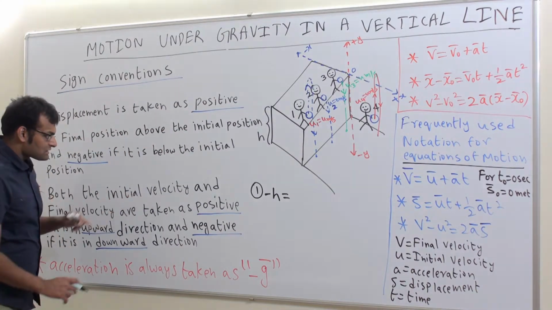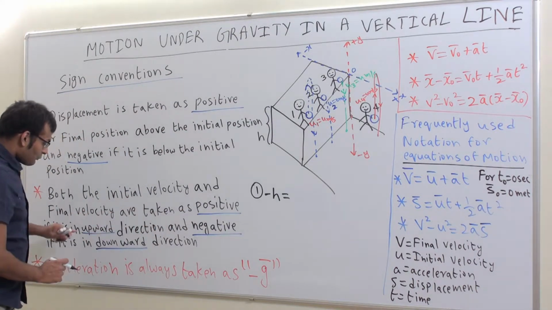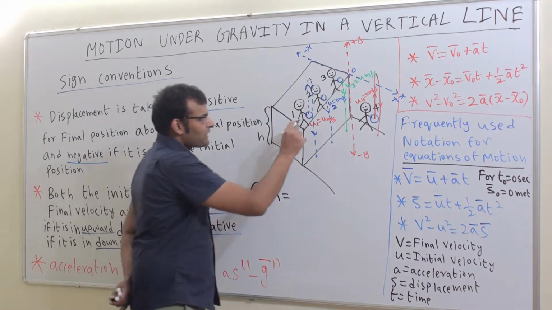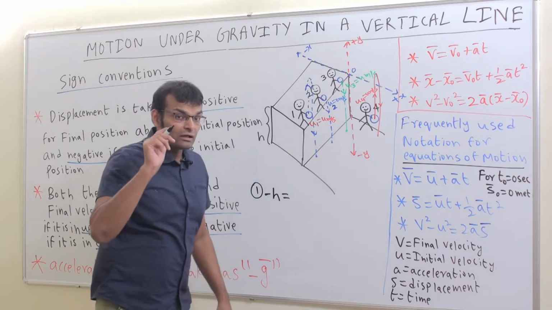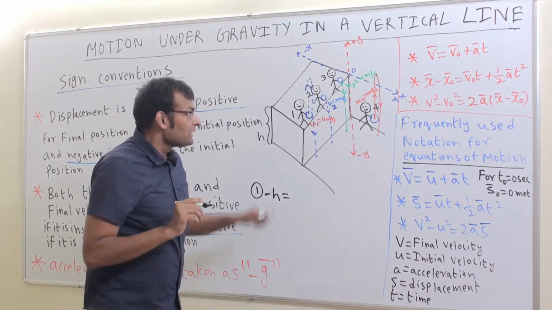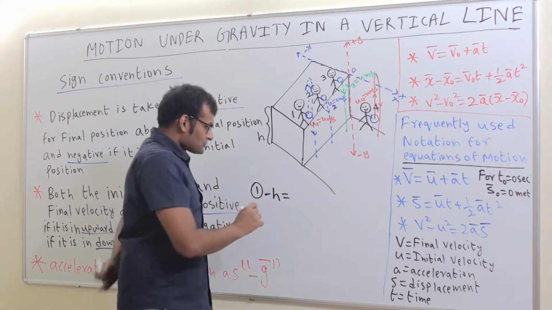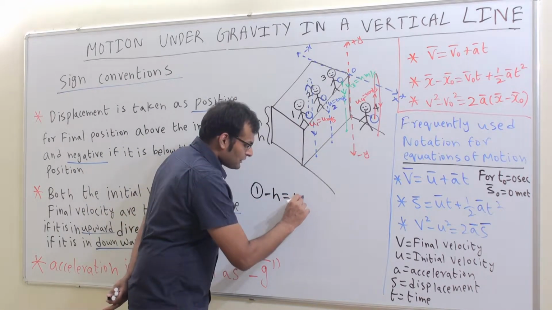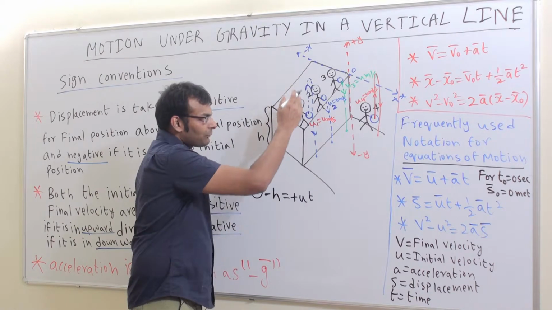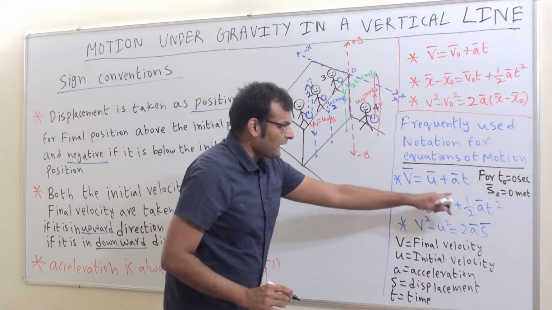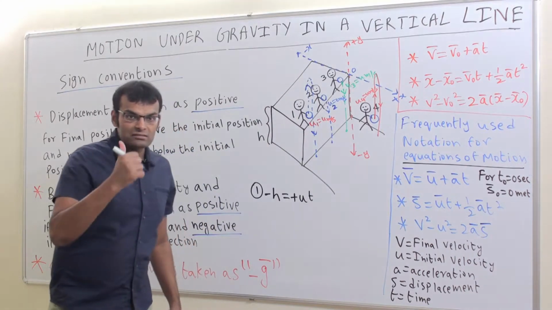Initial velocity is taken as positive when it is in the upward direction. So you can see, while this person is throwing the ball upwards, it is actually going in the positive direction. So we write plus ut, where t is the time taken by the ball to reach the final position. Now coming to this a, what is a? a is acceleration due to gravity.